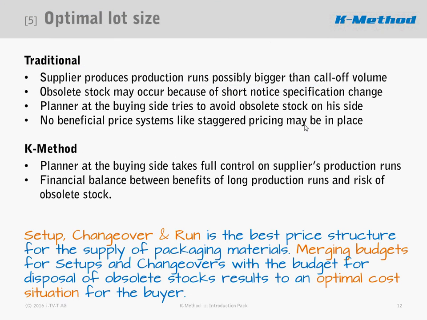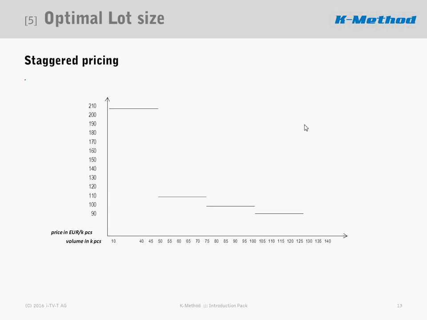Optimal lot size is a problem, especially when you use staggered pricing or scale pricing. It means you have a price picture which is currently like this.